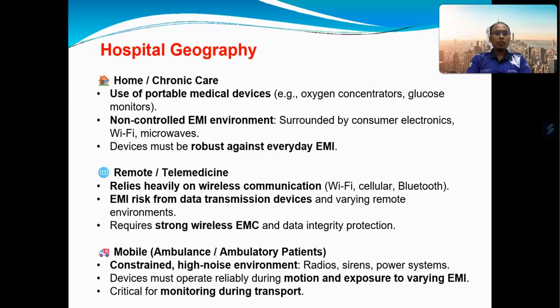All right, now we move to the next hospital geography, which is home or chronic care. Normally in home or chronic care, there is a use of portable medical devices, such as the oxygen concentrator and glucose monitor and so on. This area is classified as a non-controlled EMI environment. The medical devices are surrounded by consumer electronics, Wi-Fi, and also microwave exposure.